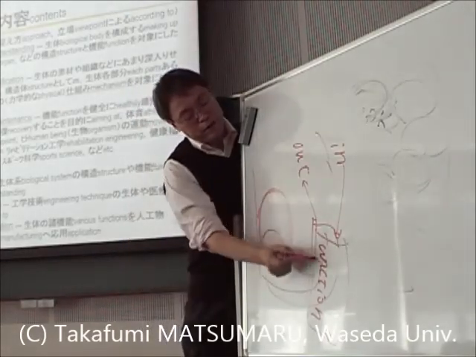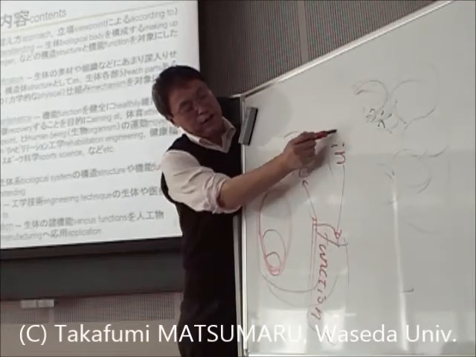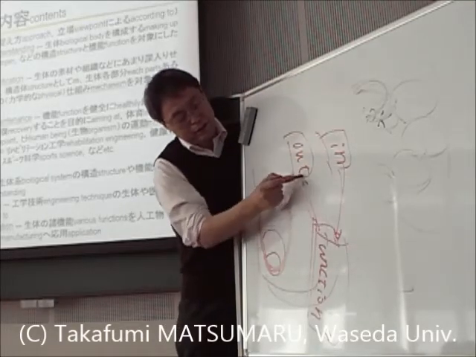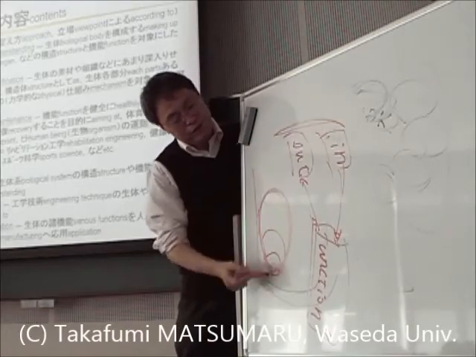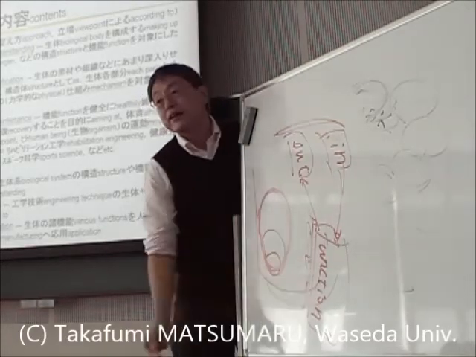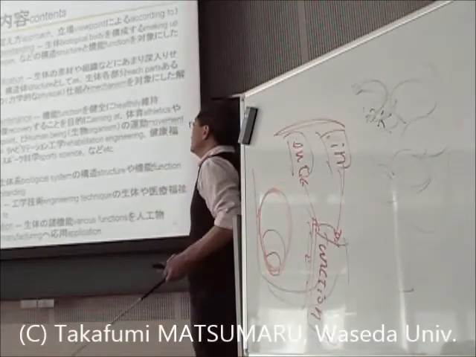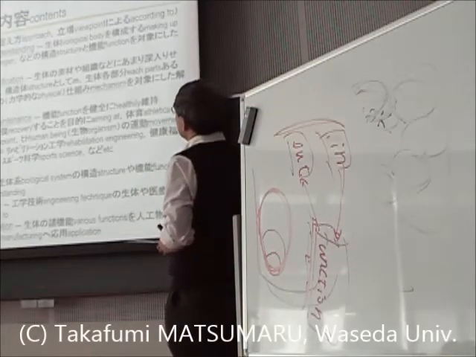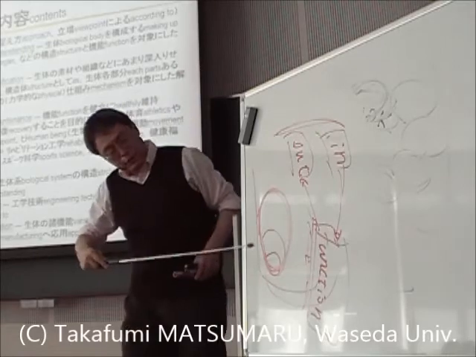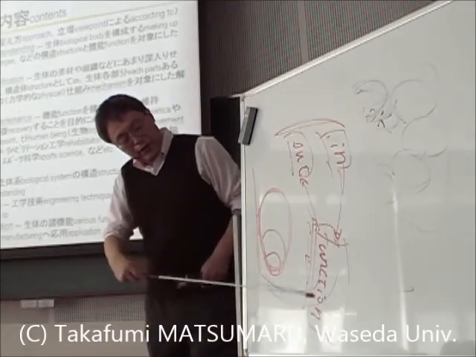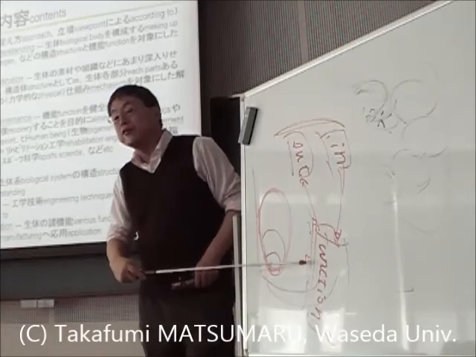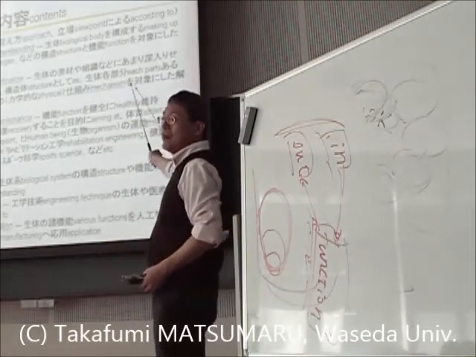What is the input and what is the reaction, this kind of thing. This kind of input-output relationship is called function mainly, I feel. So from the mechanism, we can extract some function from its mechanism maybe.